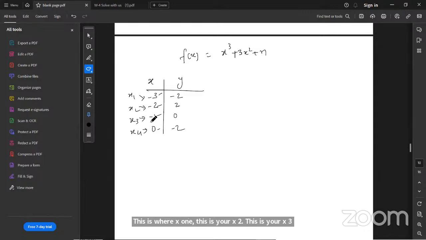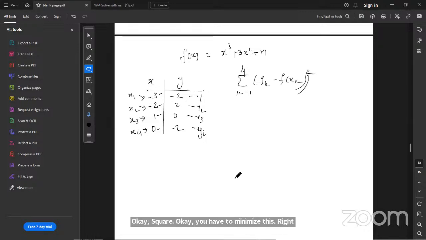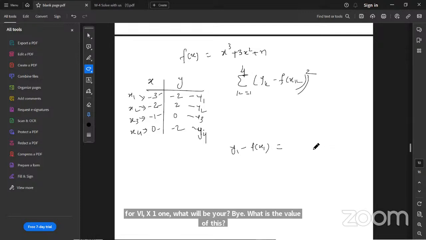And after solving via machine, these will become your y1, y2, y3, and y4. So you have to minimize the sum of (yk minus f(xk)) whole square from k equals 1 to 4. Right? So for x1, y1, what will be your y1 minus f(x1)? What is the value of this? Can someone tell me? Minus 2 minus n, whole -2 square.